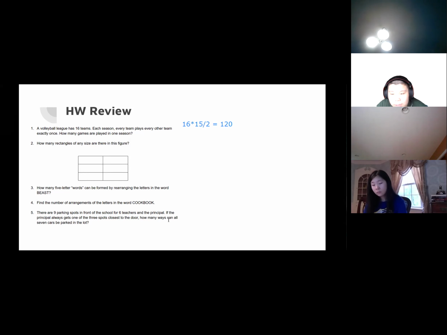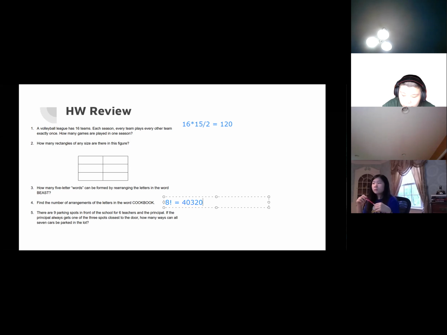For number four, you have to remember that there are repeats. Many people got that 8 factorial equals 40,320, which is good. However, that includes every word 4 factorial times 2 factorial times, because O is repeated 4 times and K is repeated 2 times.